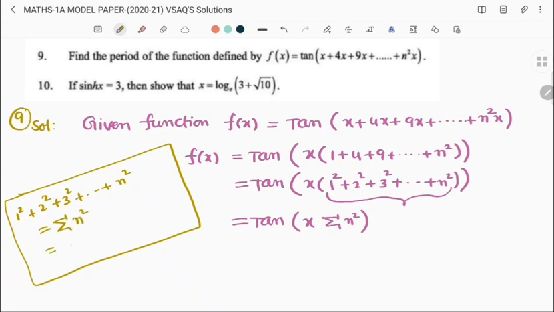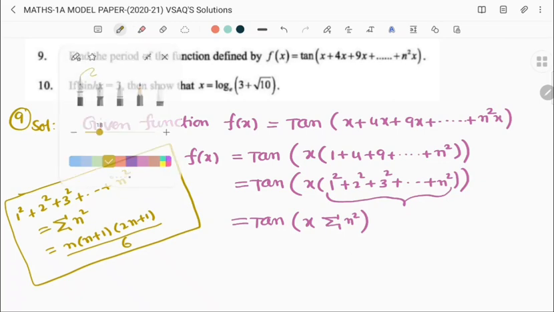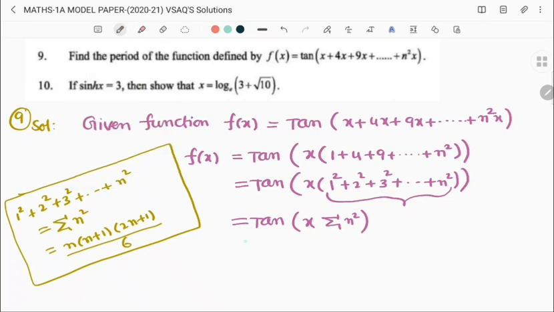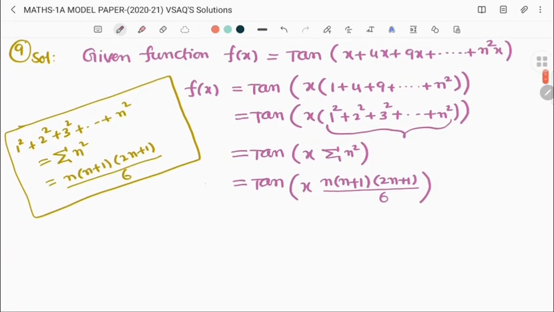That also can be written as n into n plus 1 into 2n plus 1 by 6. So in place of sigma n square we need to replace with this value. So it will become tan of x into n plus 1 into 2n plus 1 by 6. After that, this is the f of x value.